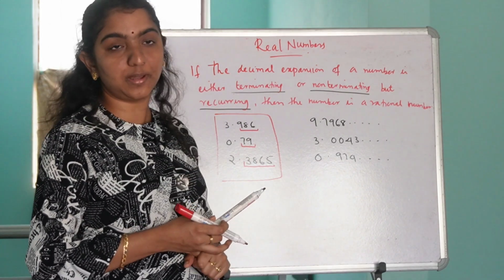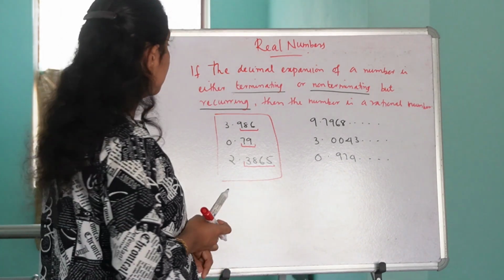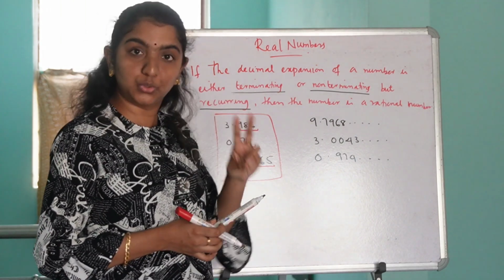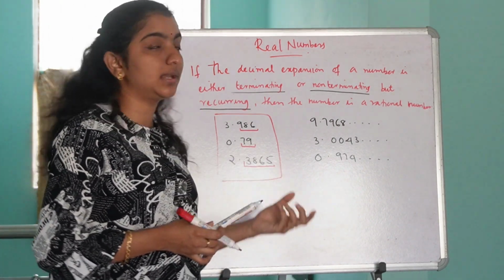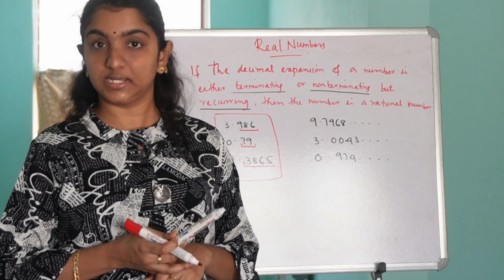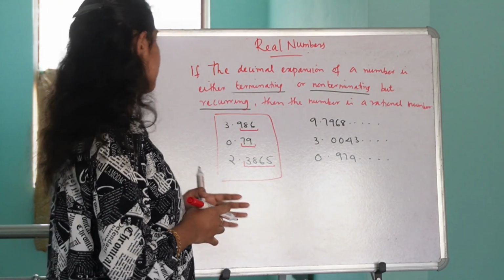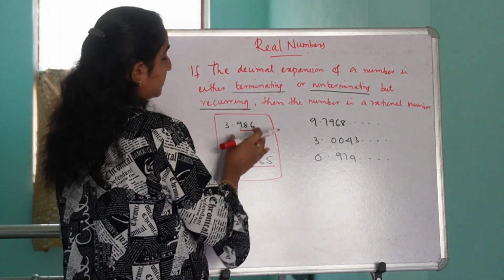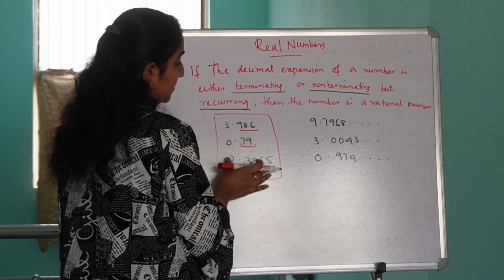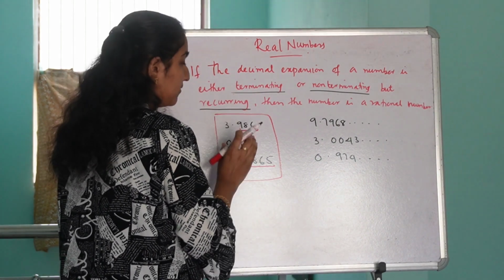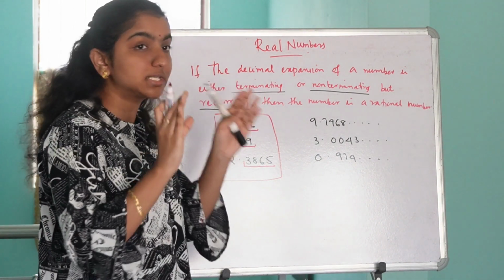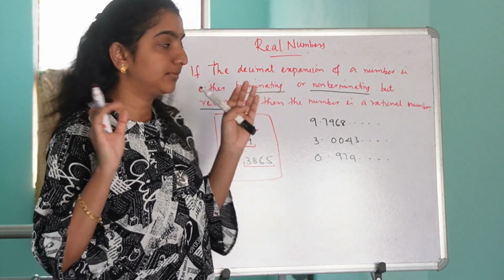In the first decimal number there are only 3 digits, in the second only 2 digits, and in the third only 4 digits. Is it clear? That means the given decimal numbers have some fixed end point.